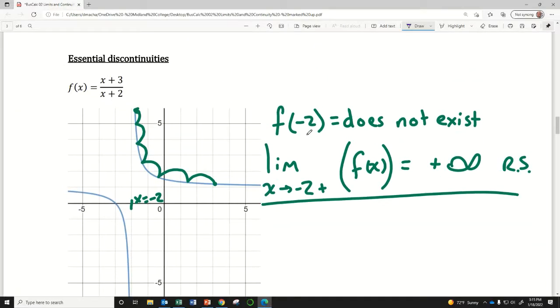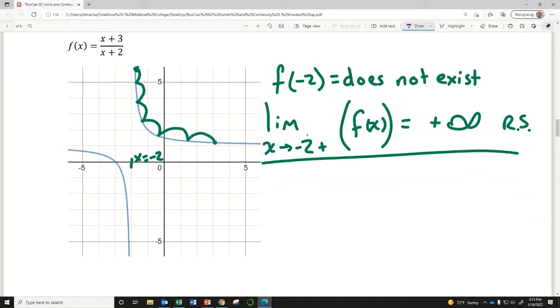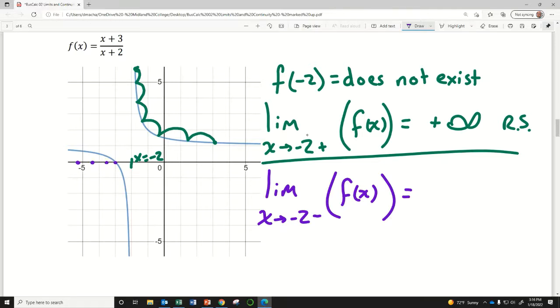For the essential discontinuity, we'll do the same thing. So I'm trying to take the limit as x approaches -2 from the left side of my function f of x. And starting from the left and taking steps, getting closer and closer to x equals -2 for the input to my function, we're going to evaluate my function at each of those points.